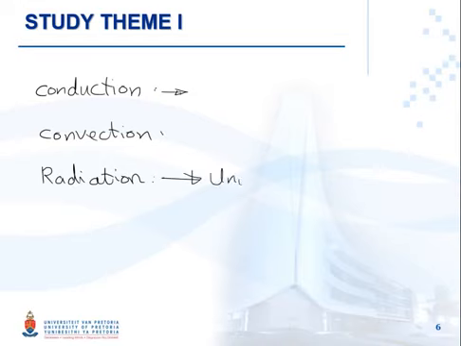I understand that there are 3 different modes of heat transfer. They have their own characteristics and differences. But radiation is unique compared to conduction and convection. Do you know why? Because radiation is the only mode of heat transfer that occurs in a vacuum.